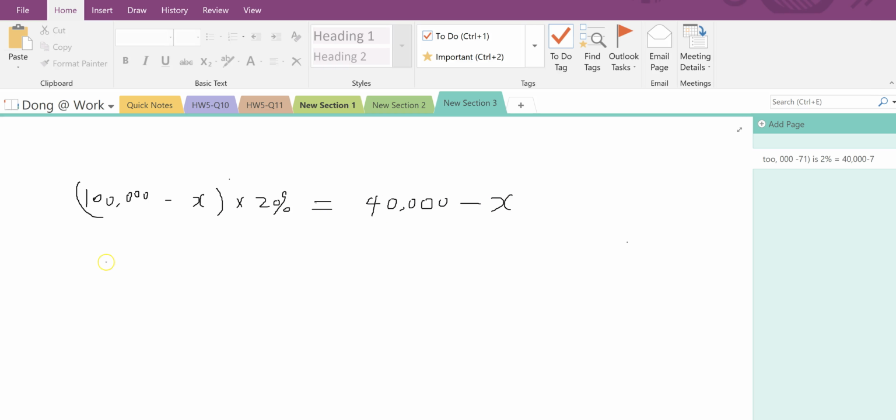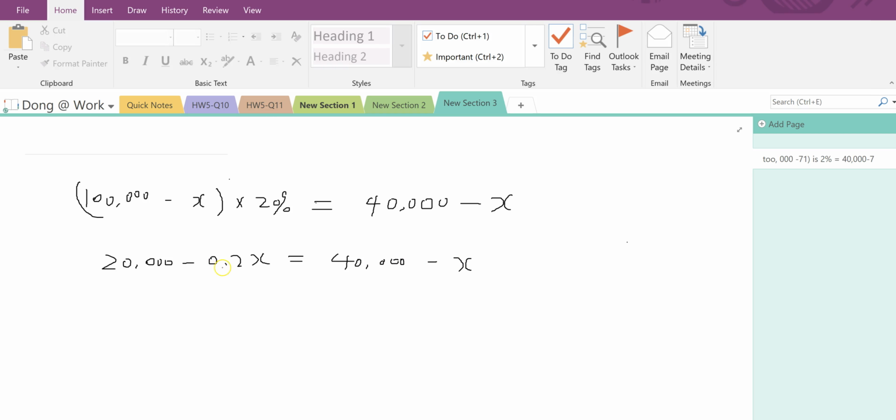You can solve this using the distribution rule on the left-hand side. You can see that this equals 20,000 minus 0.2, that's 20%, times X, and this equals 40,000 minus X. I'm using the mouse, so it's not very beautiful.